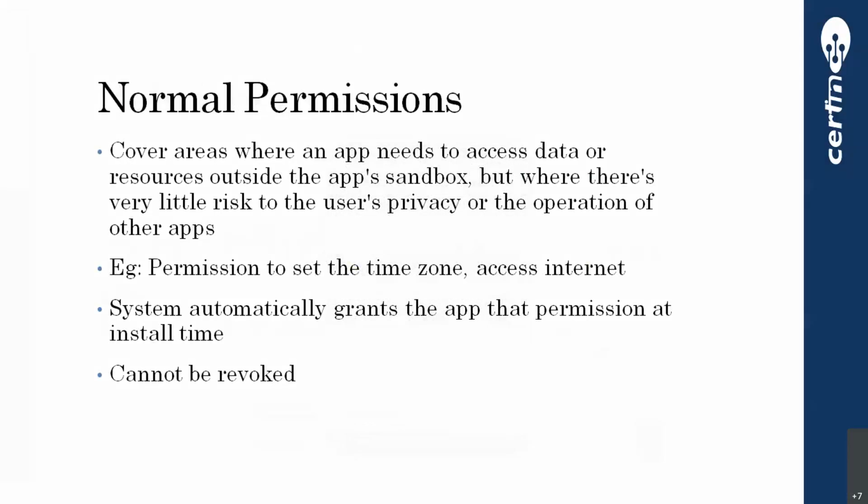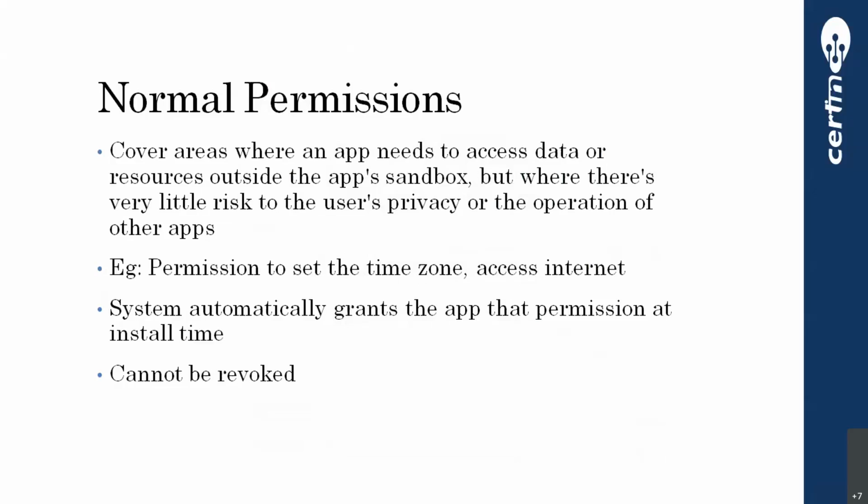The first kind of permission is the normal permission. So a normal permission is permission to access any feature or any hardware on your device which is not collecting any personal information of the user. So if for example the application is trying to connect to the Wi-Fi, or if the application is trying to get the time zone, or very simple permissions where no user data is involved.